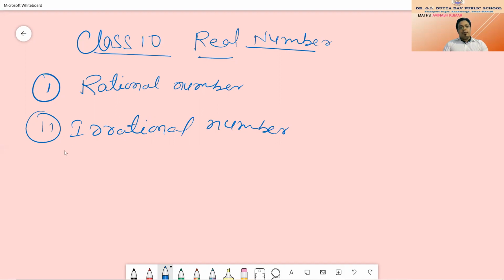Now we will define one by one. First, rational number. What is a rational number?